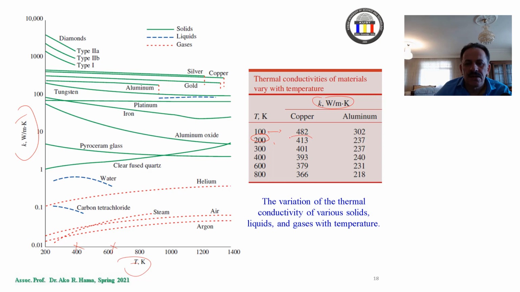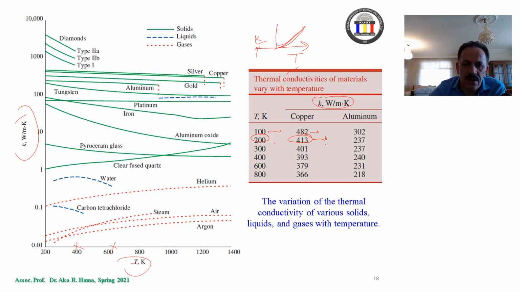At 200 Kelvin, you need 413 watts to increase by 1 more Kelvin, while if we have the copper at 100 Kelvin, you need 482 watts to increase by another Kelvin. So we say that the temperature and the conductivity are related to each other.